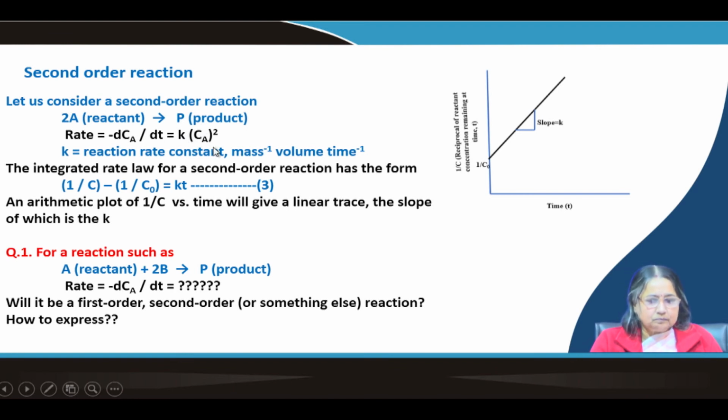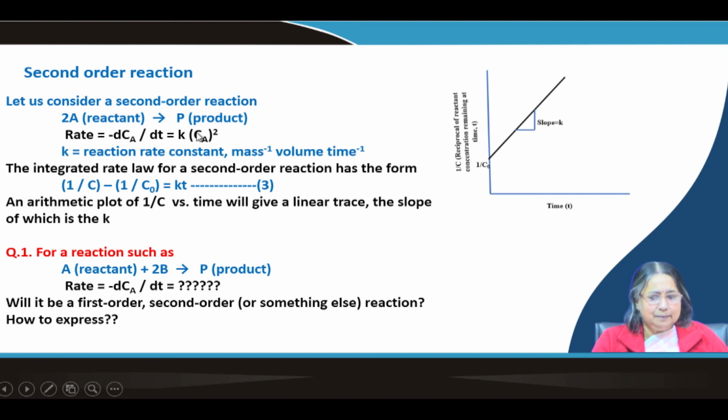Okay. So, the rate expression is rate equals K into C_A to the power 2, because it is a second order reaction. Now, in the same way, upon integration, it gives 1 by C minus 1 by C0 equals K into T. And here you can see the unit of the reaction rate constant K is this one.